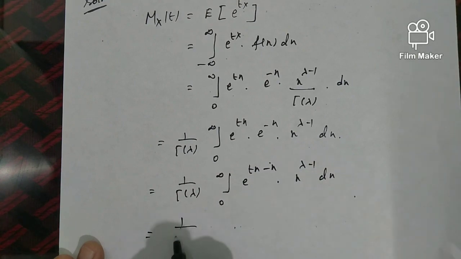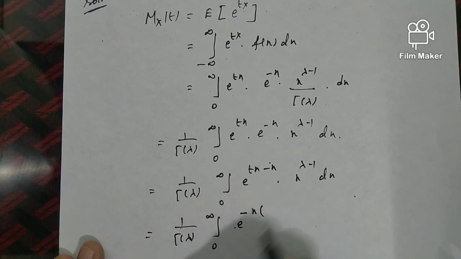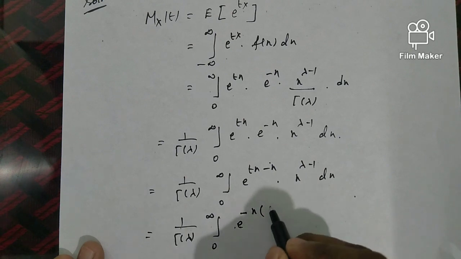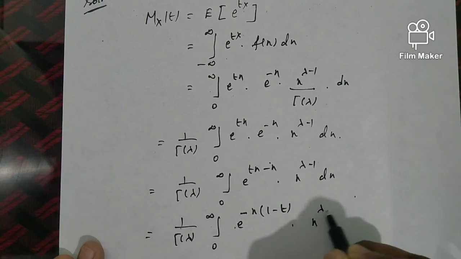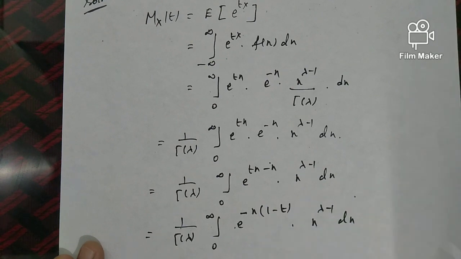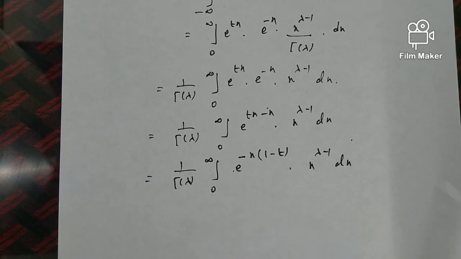If I take minus x outside, what will happen? 1 minus t into x power lambda minus 1 dx. Is it clear? If I take minus x outside, the term can be written as 1 minus t into x power lambda minus 1 dx. Now, we are going to integrate this. Before integration we can give the substitution.